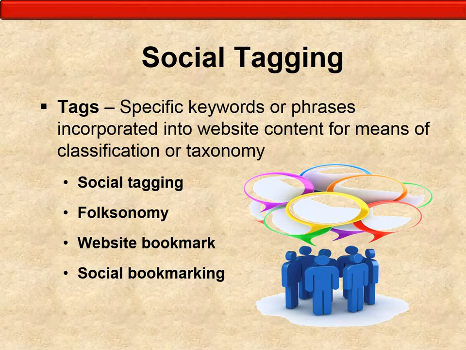Folksonomy is similar to taxonomy, except that crowdsourcing determines the tags or keywords based on a classification system. Website bookmark is a locally stored URL or address for a file or internet page saved as a shortcut. Social bookmarking allows users to share, organize, search, and manage bookmarks.